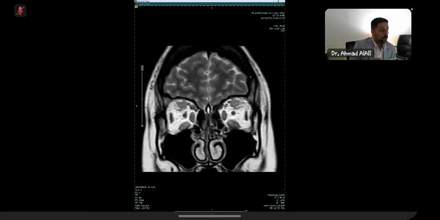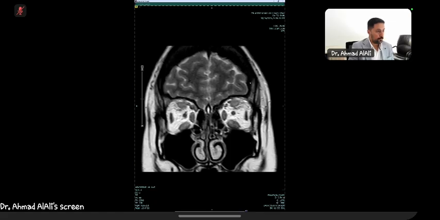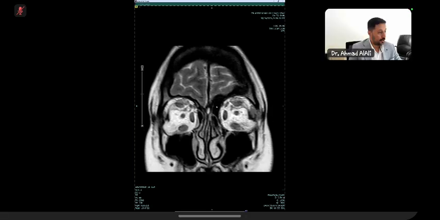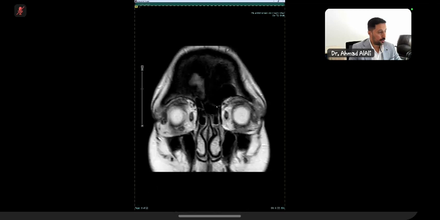I would like to pause on these images and please tell me what you see in here. I want to see the lacrimal gland area. Okay, these are the lacrimal glands.